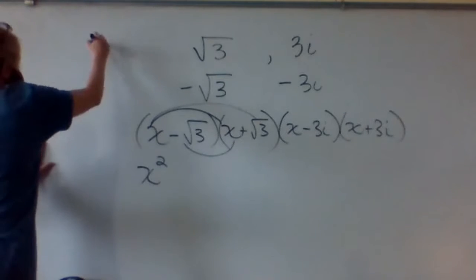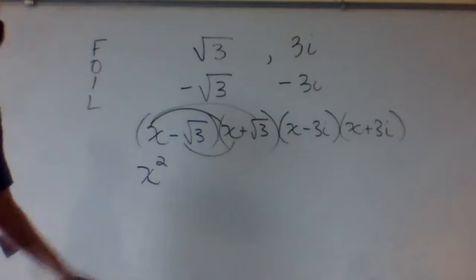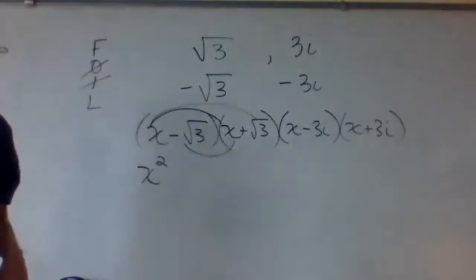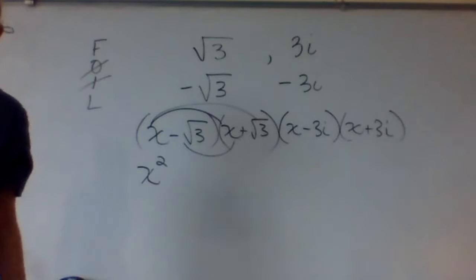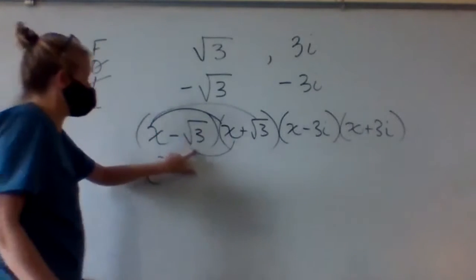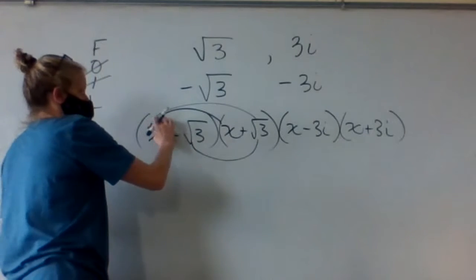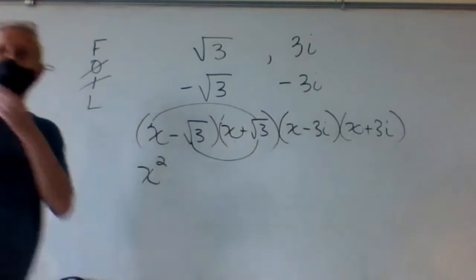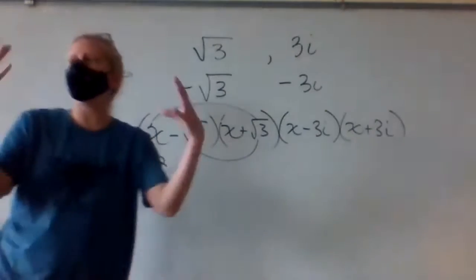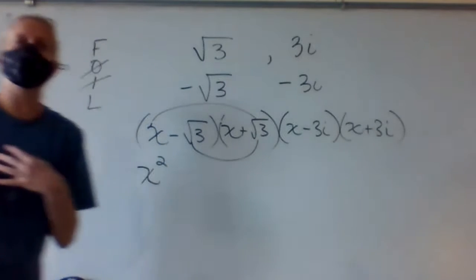So if you're doing FOIL, the outers and the inners, if you're doing conjugates, are just going to cancel each other out. So essentially, all we really have to do are the first, and then where can we jump straight to? The last. So we don't even have to do the whole FOIL, right? And that's only when the 2 parentheses are conjugates of each other. That's when the canceling is going to happen in the middle.